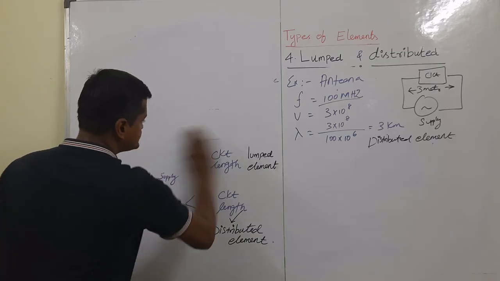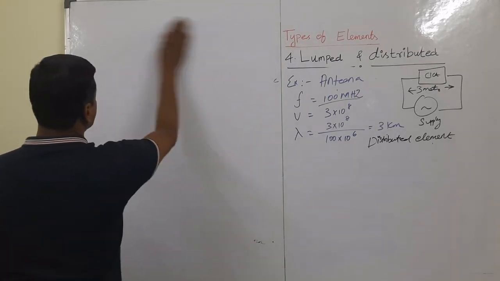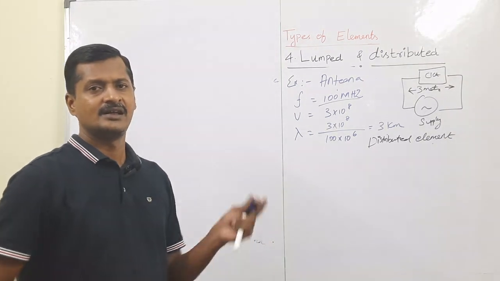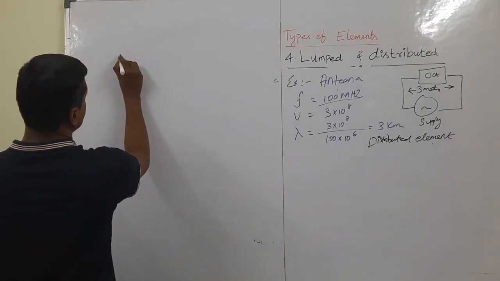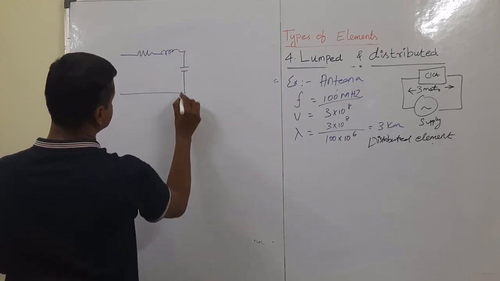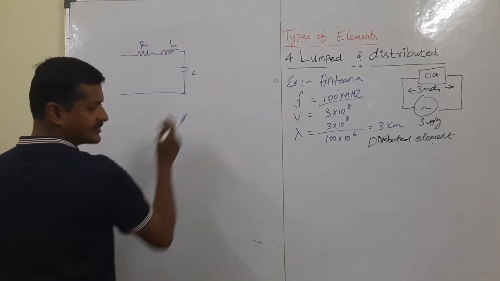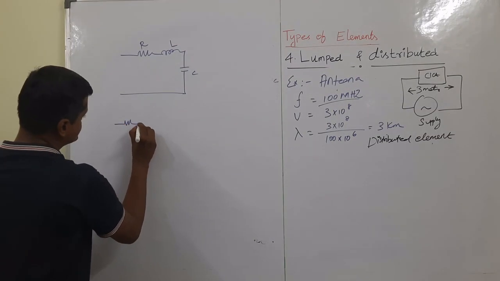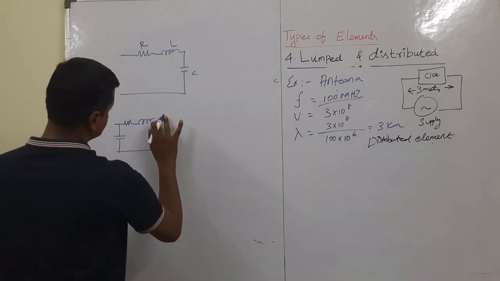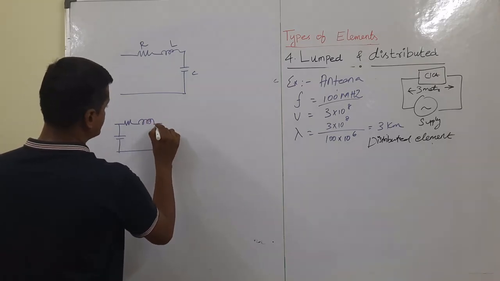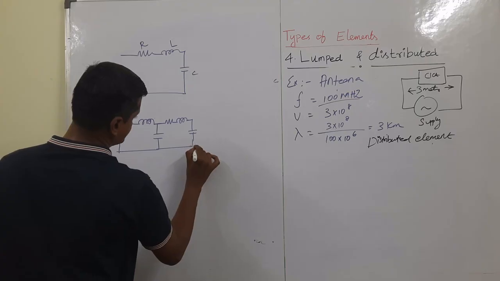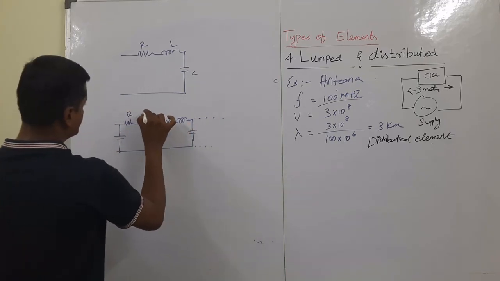Writing here. Also, before going to the lumped and distributed, we have another definition for this lumped and distributed network: resistance, inductance and capacitance, or RLC.